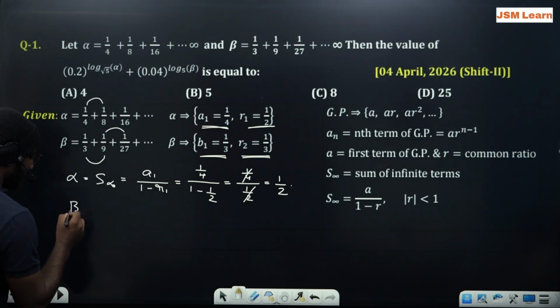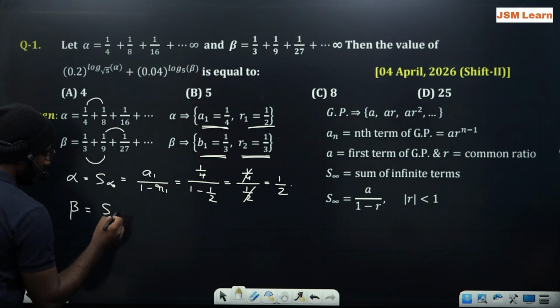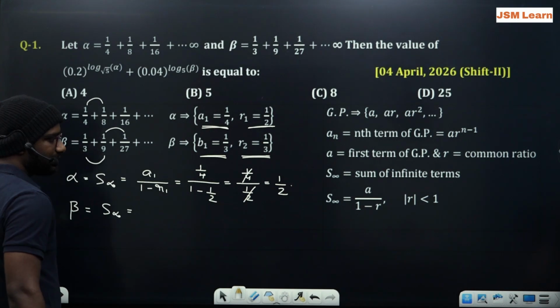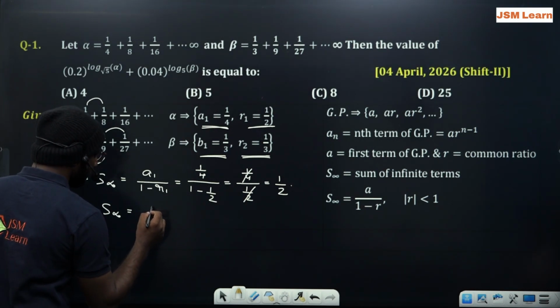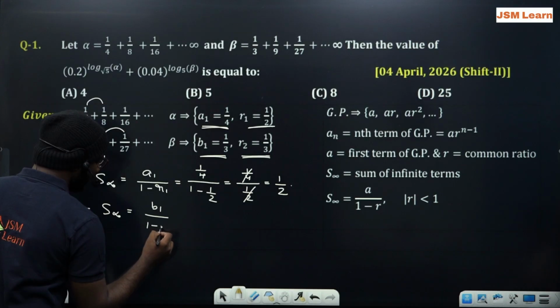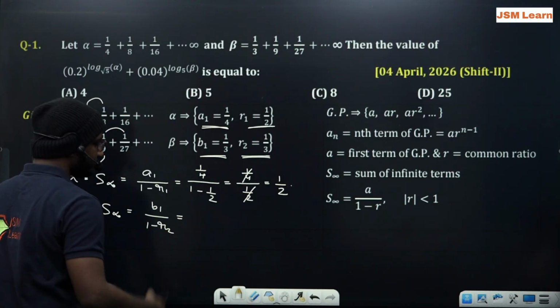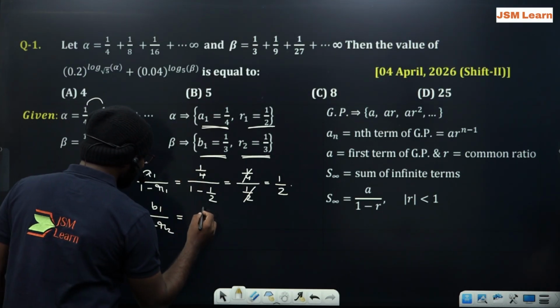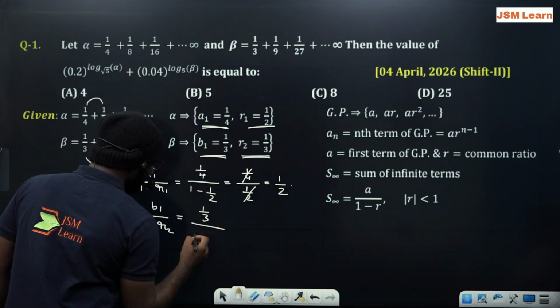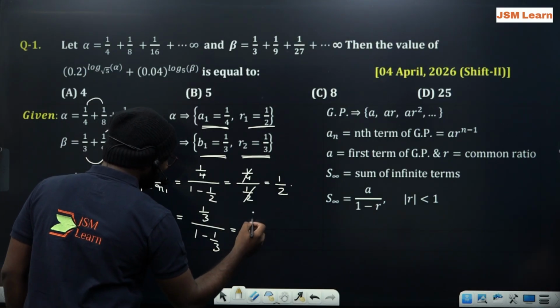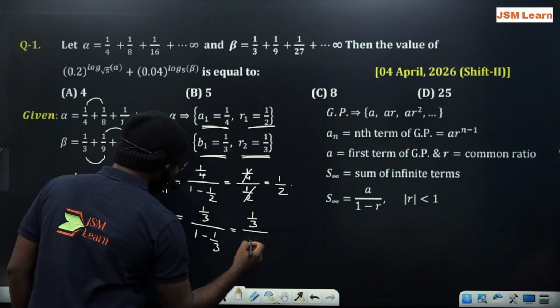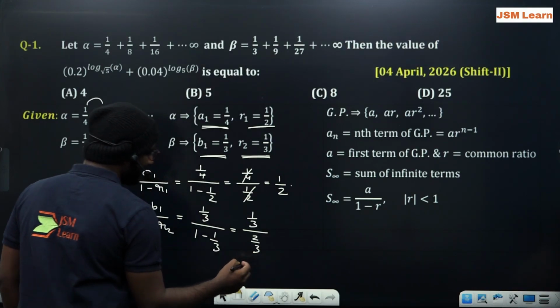Now we calculate the beta value using the same formula, the sum of infinite terms of a GP, that is B1 by 1 minus R2. Here B1 is 1 by 3 divided by 1 minus 1 by 3, that is 1 by 3 divided by 2 by 3.